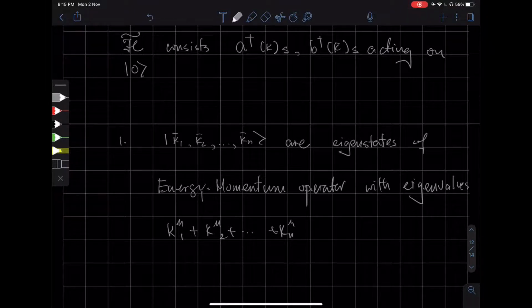If it's the energy, then of course we put mu equals 0. If it's momentum, then we put mu equals i, where i goes from 1, 2, 3.